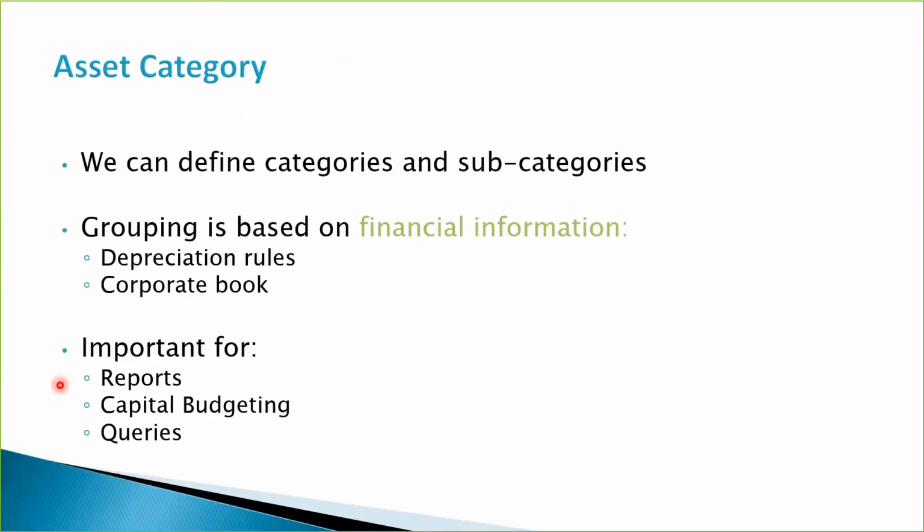So let's start with asset category, which for all intents and purposes we can say is the main and perhaps the more important way of grouping assets. So when we group them by category, we can actually define categories and subcategories. We are going to see how to do that later, in a few moments.